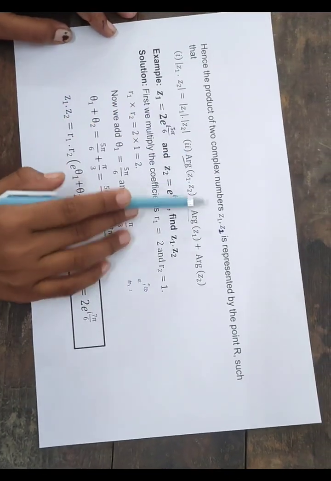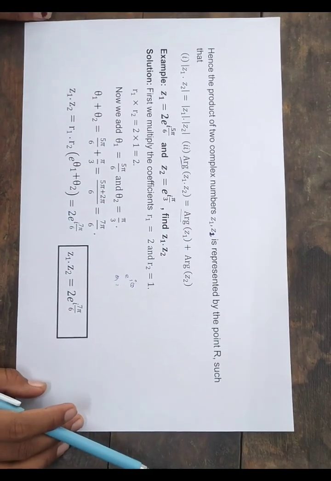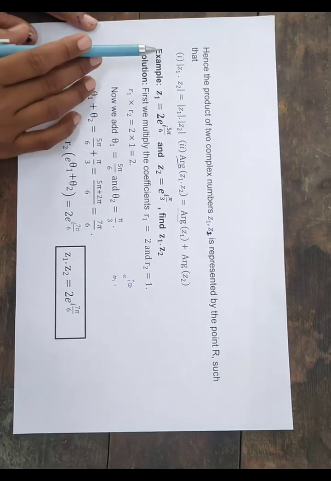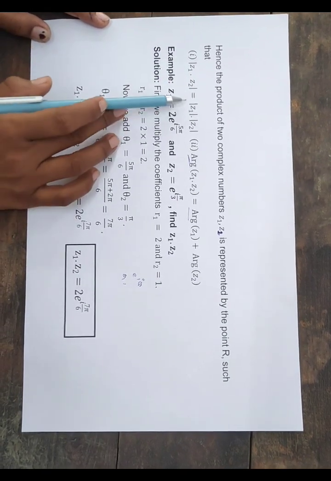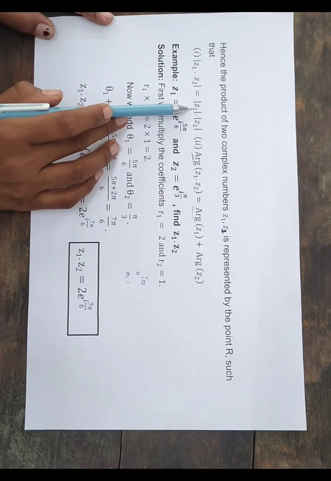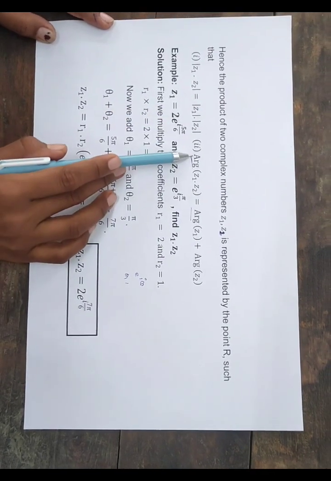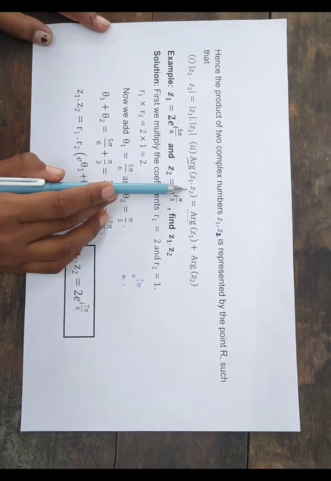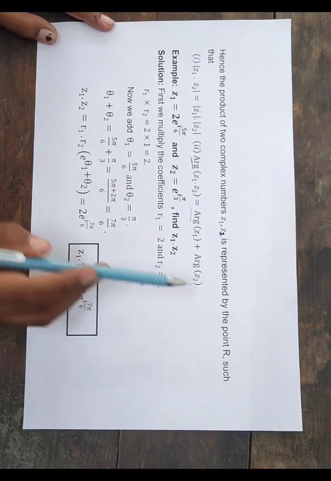Hence the product of two complex numbers Z1 and Z2 is represented by the point R, such that first, mod of Z1 dot Z2 is equal to mod of Z1 dot mod of Z2. Second, argument of Z1 dot Z2 is equal to argument of Z1 plus argument of Z2.